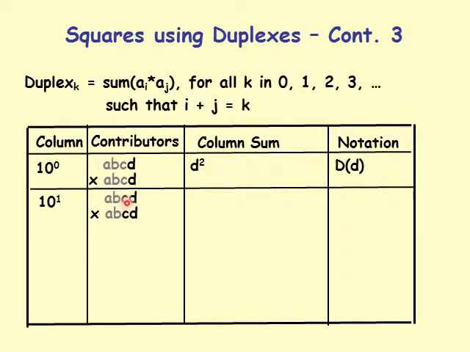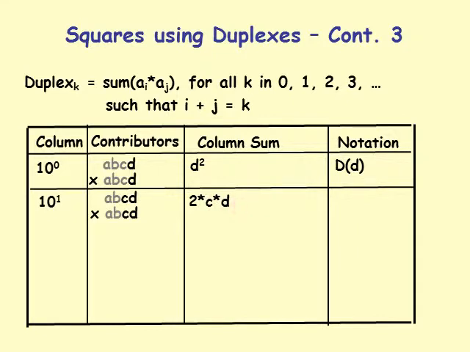So here is cd and here is another cd. Here, vertically aligned, they give d squared when multiplied together. Here they are crosswise aligned, and the products are crosswise here. We get 2cd. Let's continue here.